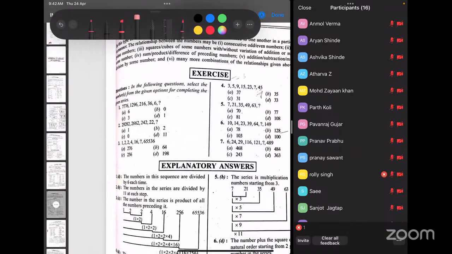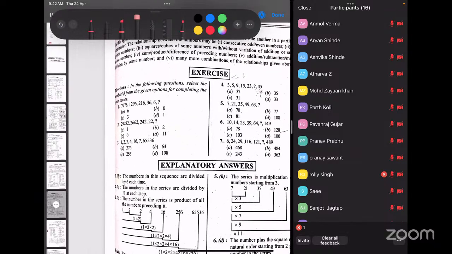For example, the first one: in the following questions, select the number from the given options for completing the given series. It is 7776, then 1296, then 216, then 36, then 6.